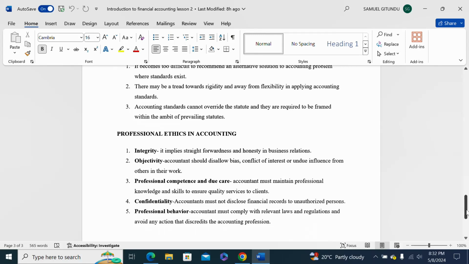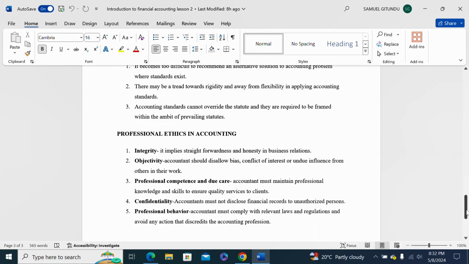We are almost at the final one. The next professional ethic is confidentiality. Accountants must not disclose financial records to unauthorized persons.